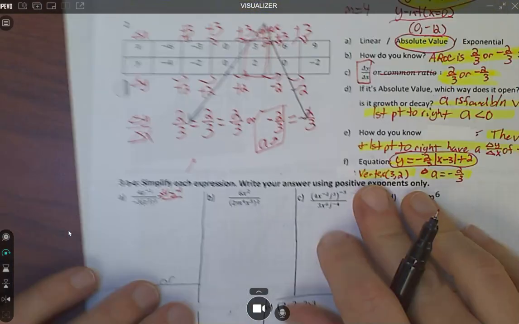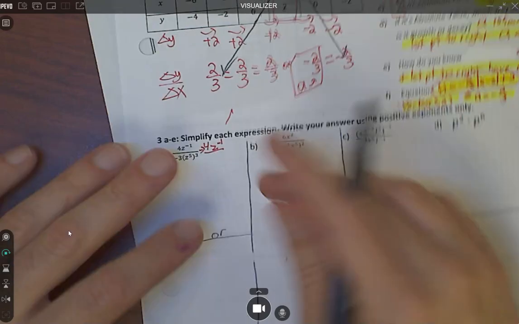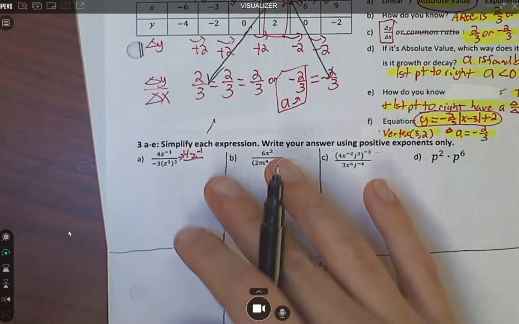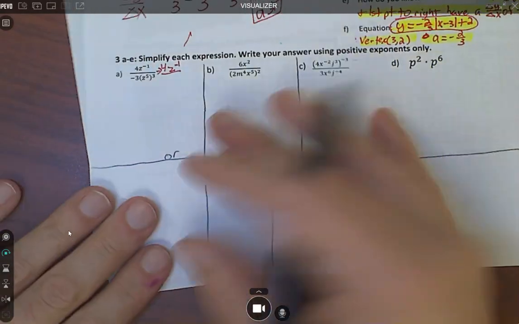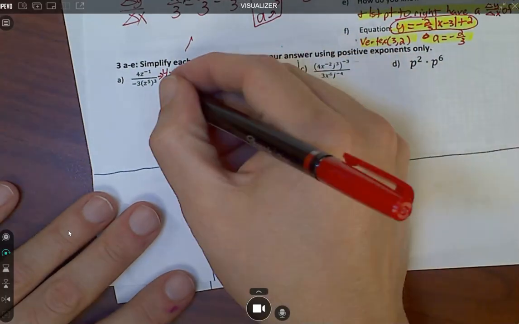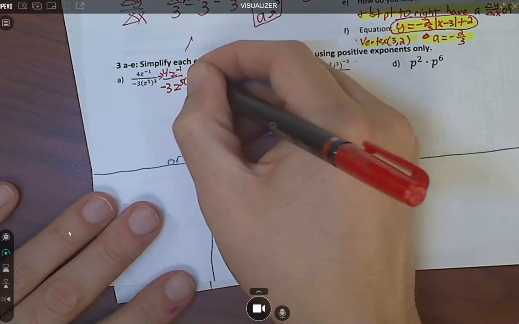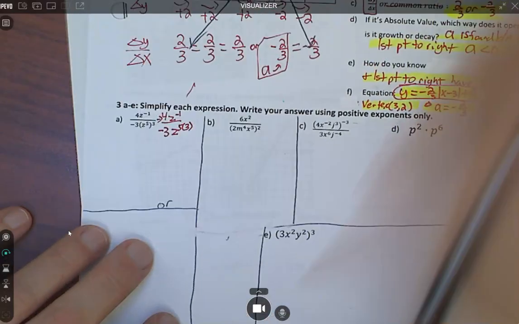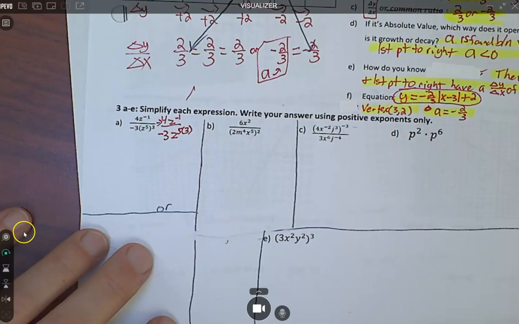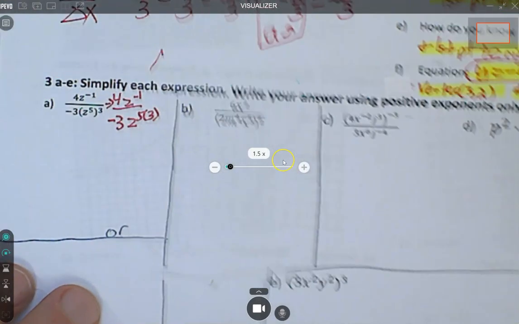So I got 4z to the negative 1, and down here I'm going to do negative 3z to the 5 times 3. And like I said, I'm going to show you what I think is the easiest way, and then I'll show you the I really get this way.